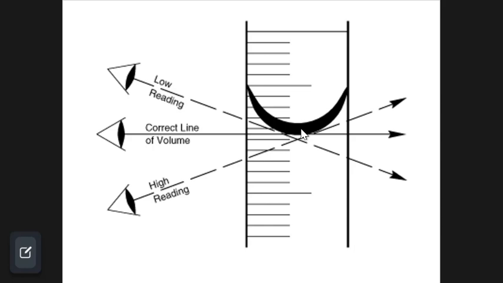In order to make a precise reading, you want to have your eye at the level of the bottom of that meniscus, because there's a bottom and a top of the meniscus. When you record the volume, you talk about the volume being right there at the bottom. To increase our precision, make sure your eye is level with that, so you're not looking down on it or up at it, because that will give false readings.